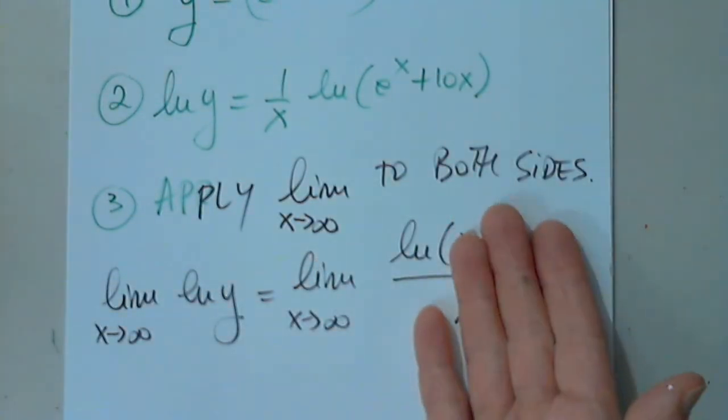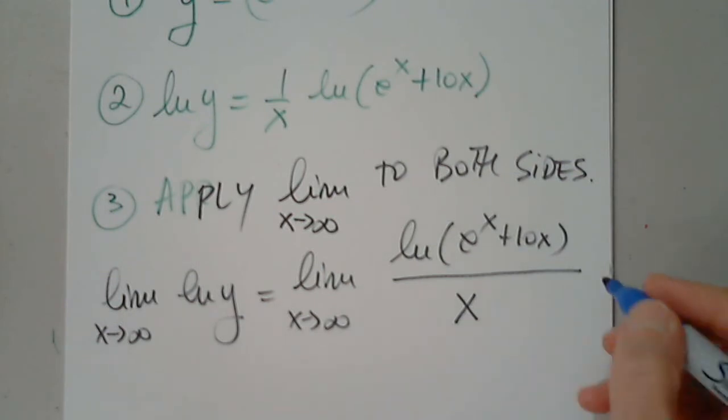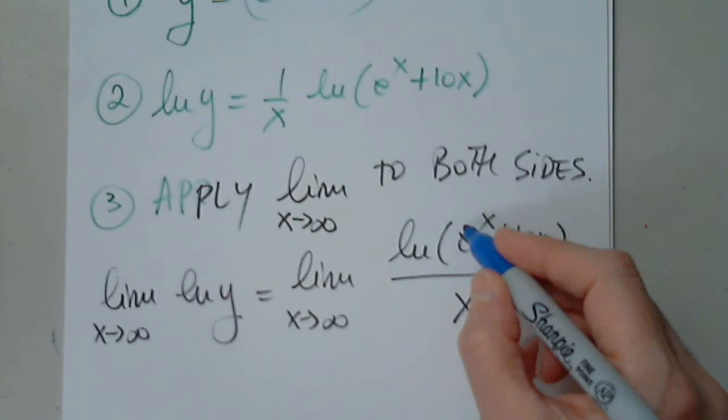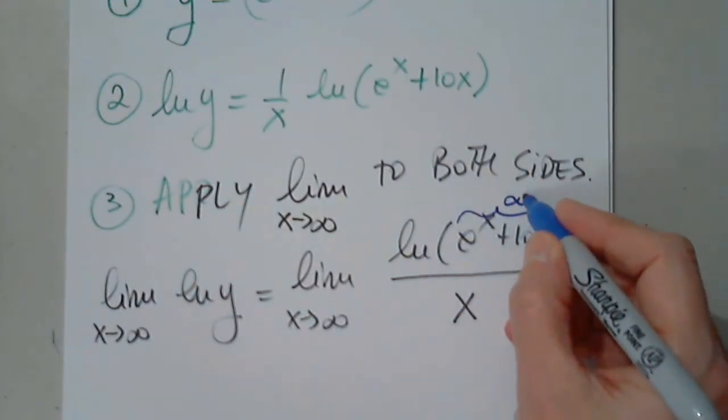I have a limit, I have a ratio, what am I checking? We want to check if we can use L'Hopital's rule. Good. So obviously the denominator goes to infinity.